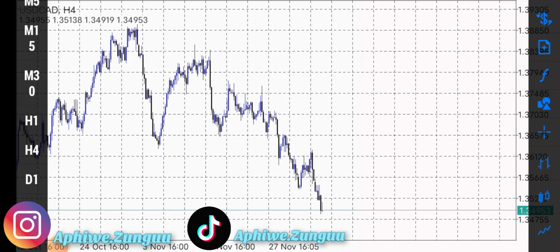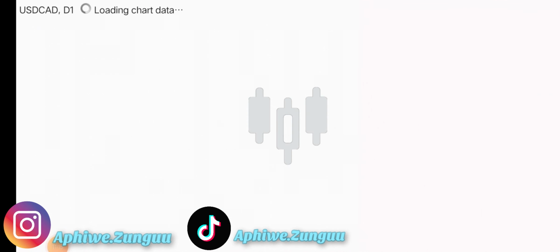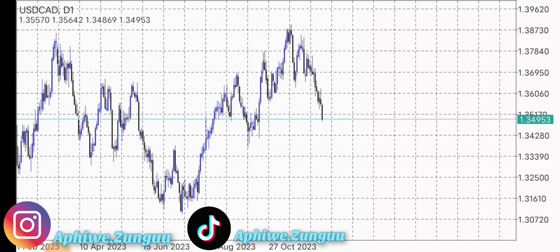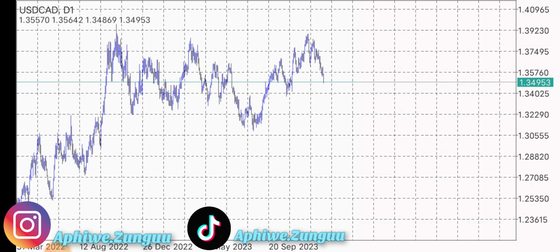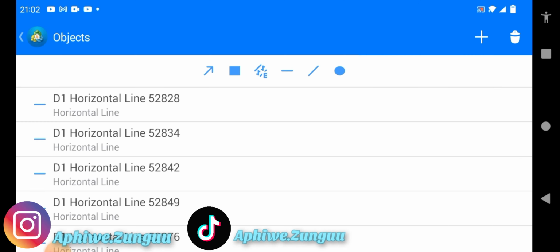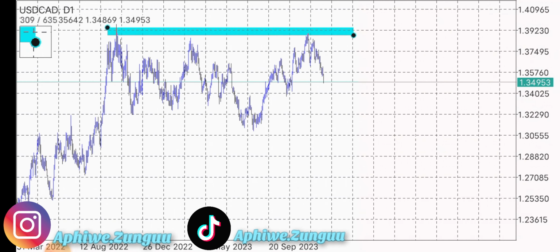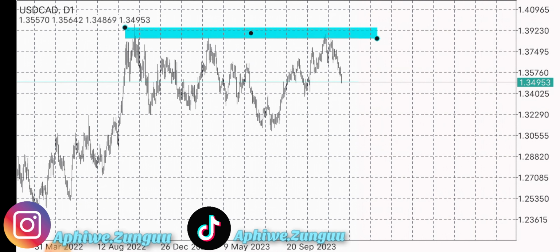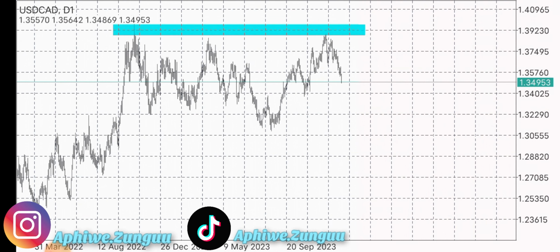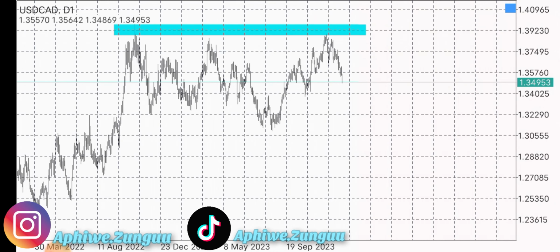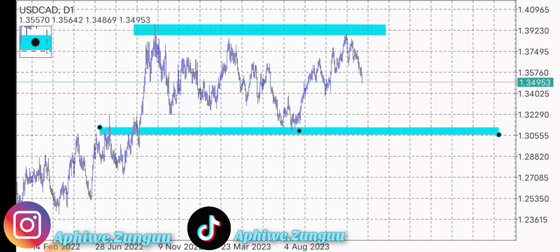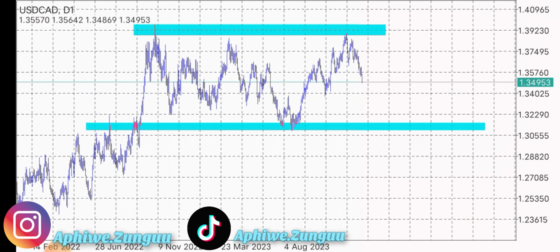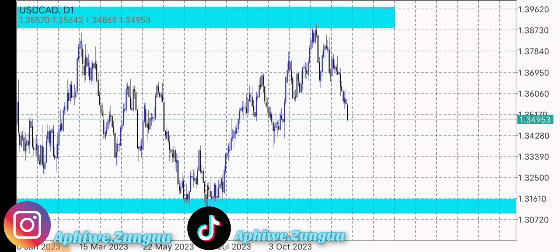So moving to USDCAD in the daily time frame, we can generally see that USDCAD is stuck in some sort of a consolidation trend. What I mean by consolidation is the market being trapped in this area. There's no overall direction, the market is just trapped in a daily time frame consolidation.